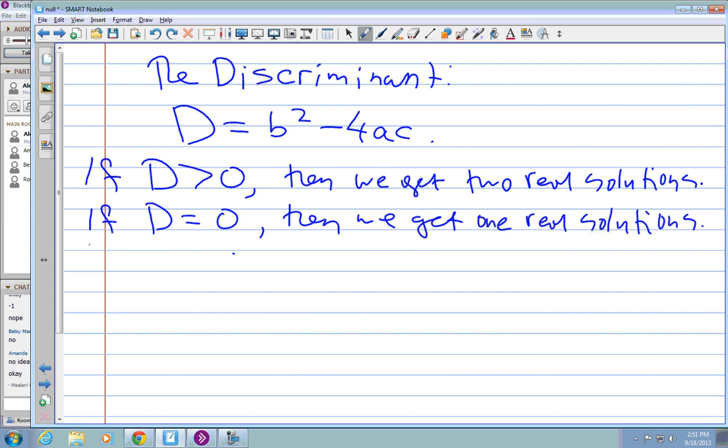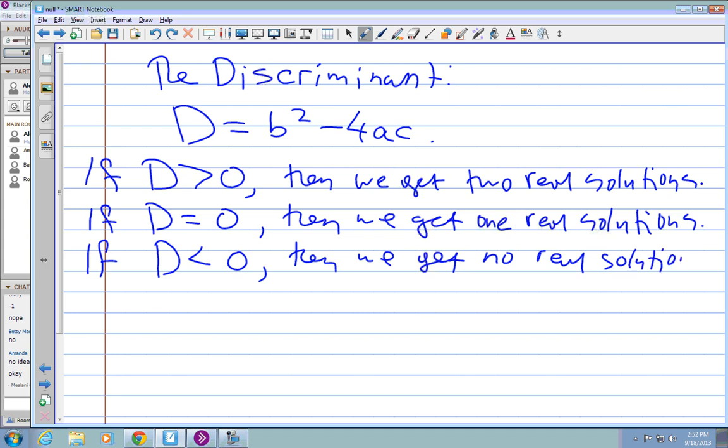But if the discriminant is negative, we end up with a negative under the square root. That means i shows up, so no real solutions. Both solutions will have i in them, and they will be complex conjugates of each other. They'll just differ by a sign in the middle.